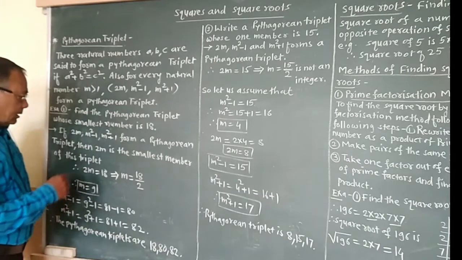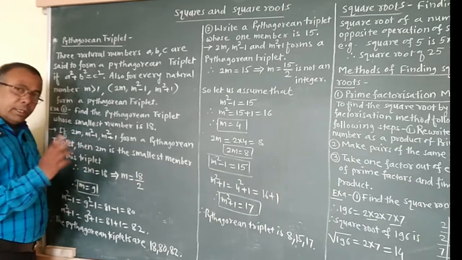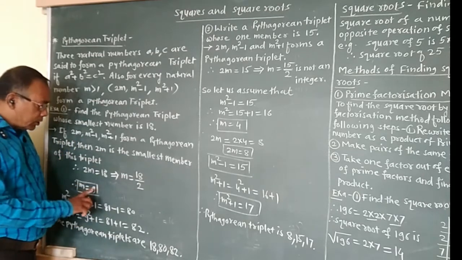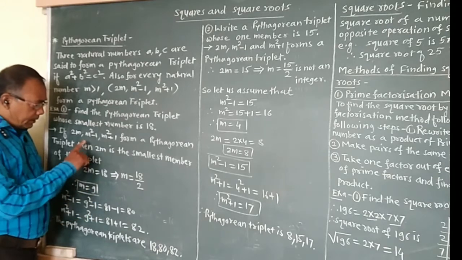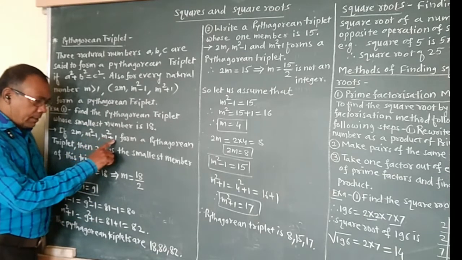Now to find the remaining two values of the triplet, we have to substitute the value of m in m square minus 1 as well as m square plus 1.